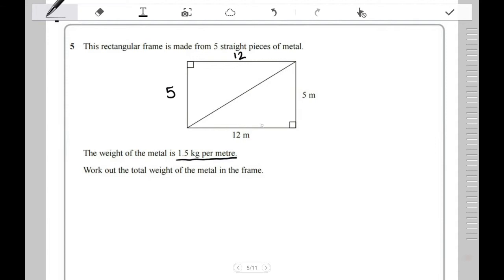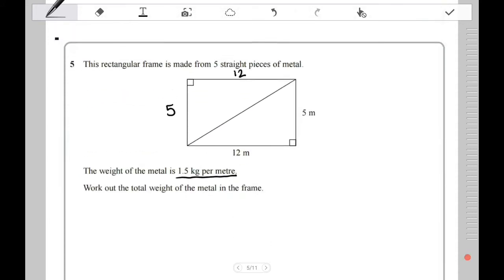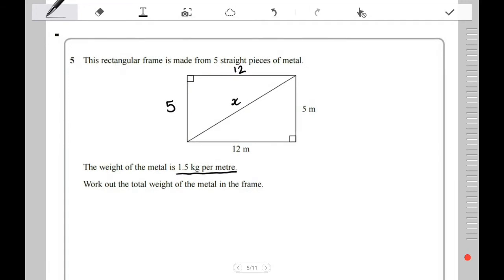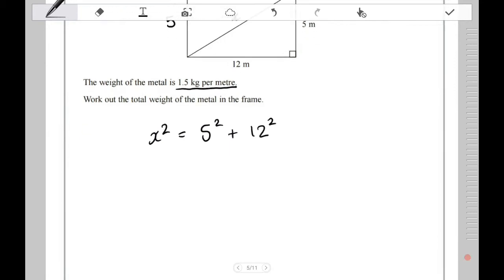Now, considering it's a right angle triangle, you can use Pythagoras. So if we equate it to, for example, x, we say x squared is equal to 5 squared plus 12 squared.